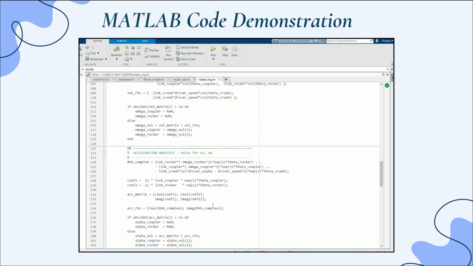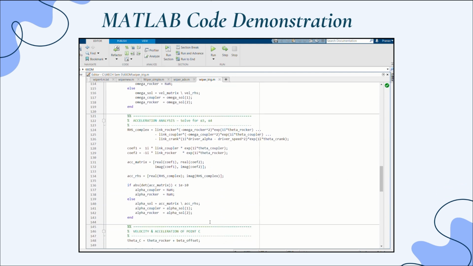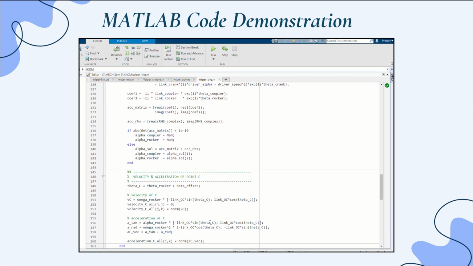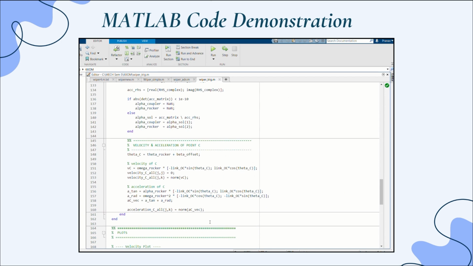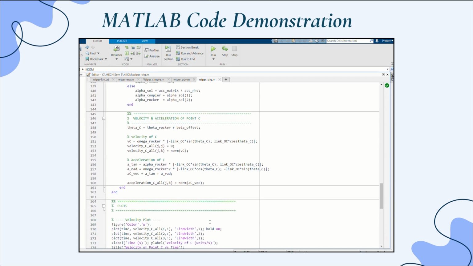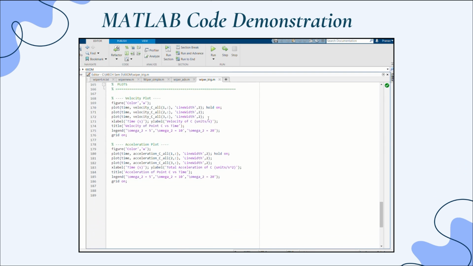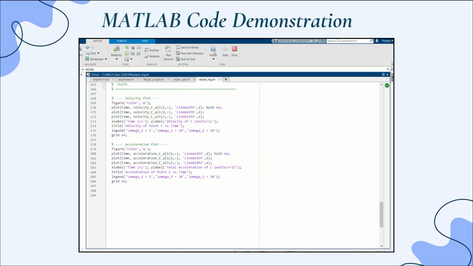We begin by defining the geometry of the 4-bar, including the ground link, crank, coupler, rocker, and the extended wiper arm. For each time instant, we calculate the input crank angle and then solve the position analysis using the tan half angle closed form method. This converts the loop closure equation into a quadratic equation.